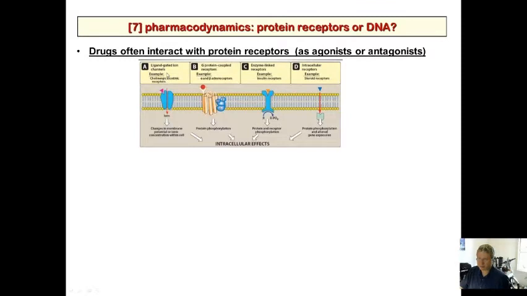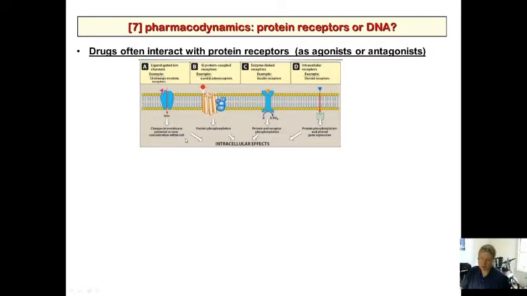One of them, and I don't know if the text is easy to read or not, but remember the PowerPoint should be online too, is ligand-gated ion channels. What does that mean? Your drug is a ligand, and it binds to a receptor on the outside of the cell, and it's an ion channel, so it causes ions to flow through the protein, and that causes downstream effects, membrane potential or ionic concentration changes.